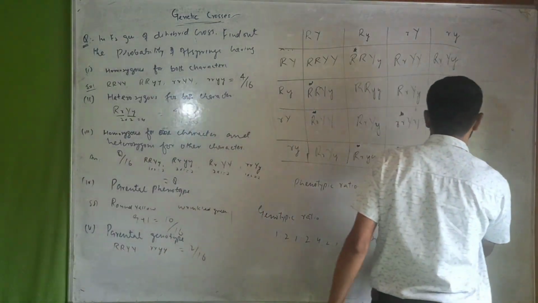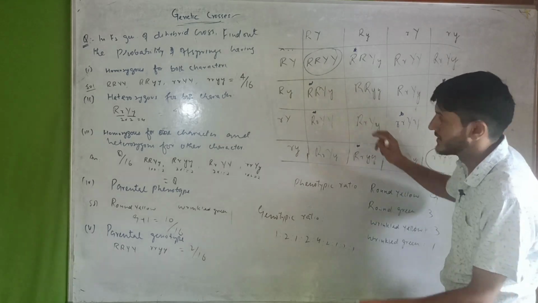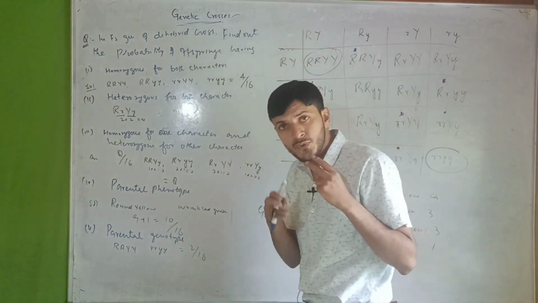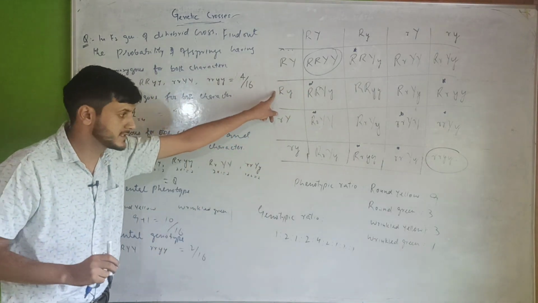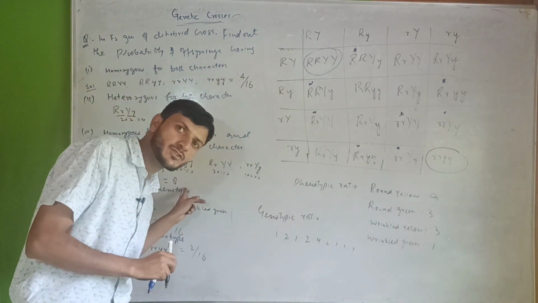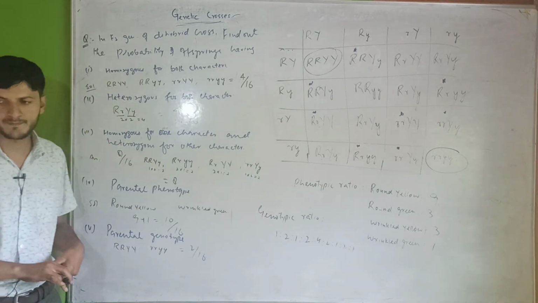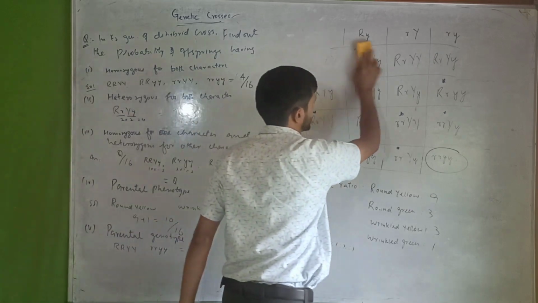These two extremes are the parents. The rest of the individuals have recombinant or new genotypes. Only two individuals resemble the parental genotype. So the probability will be 2 by 16. Got it?